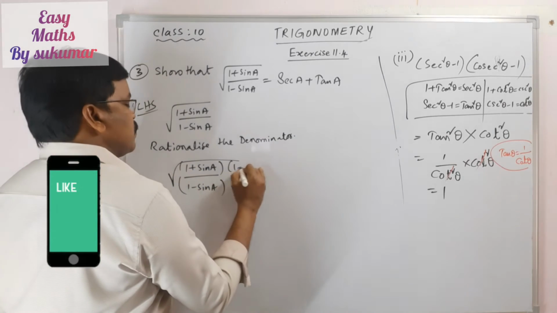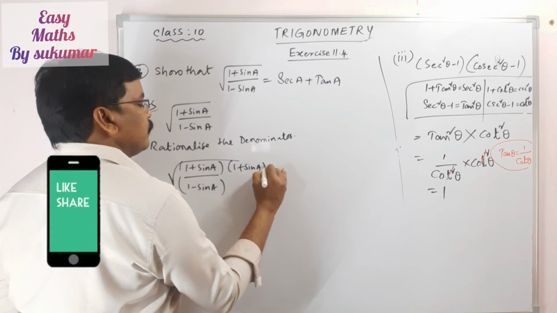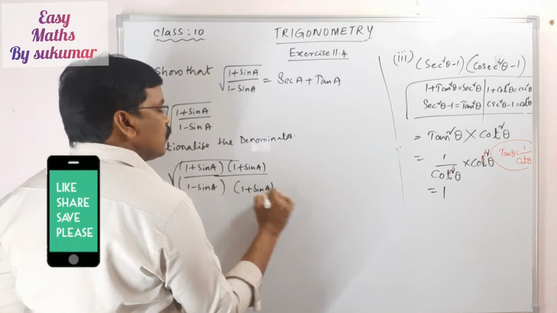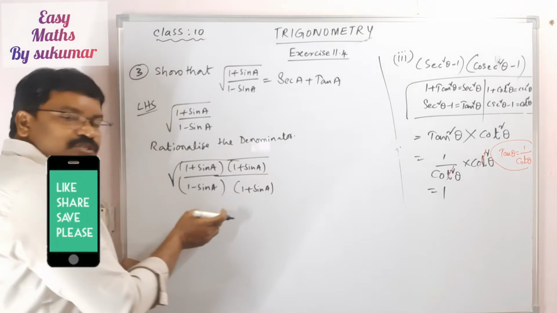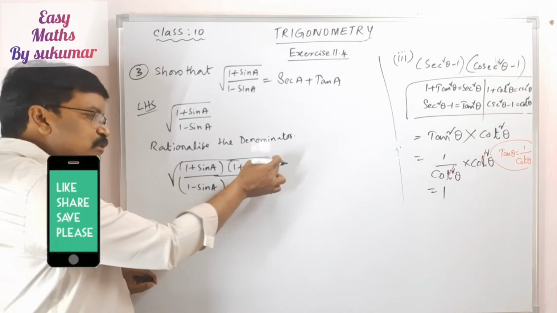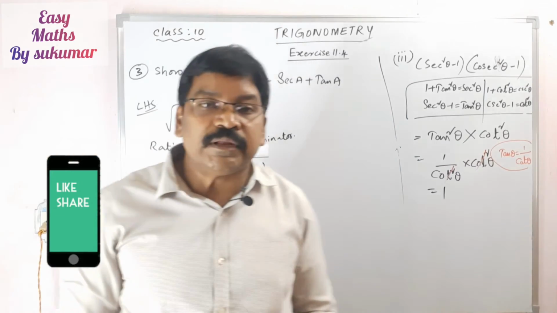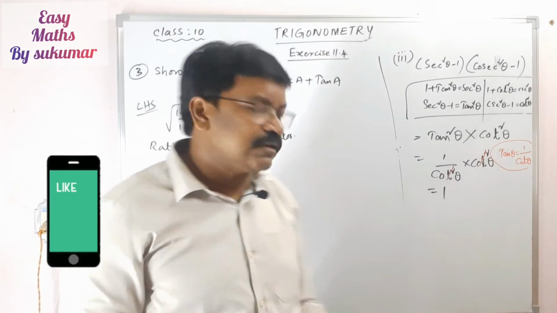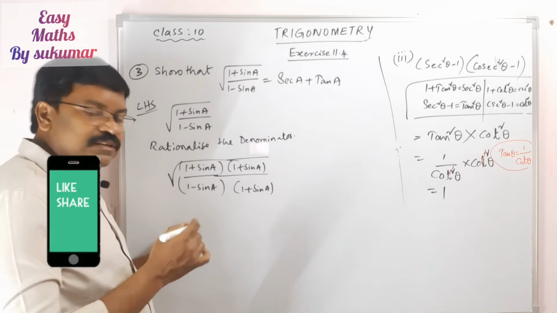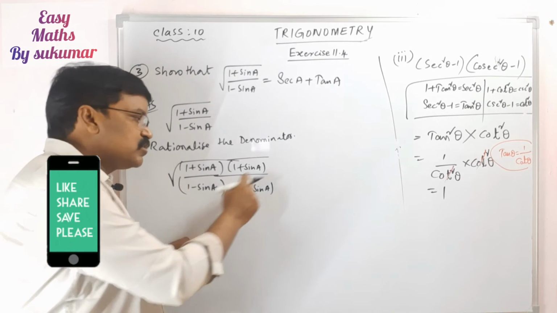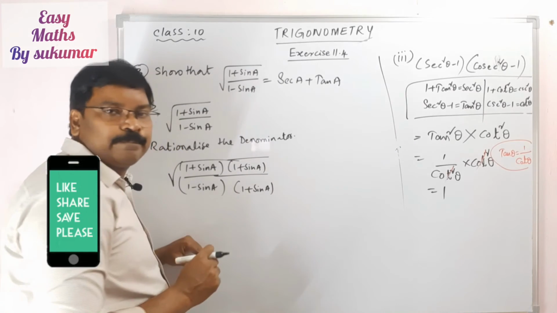What I have done here is multiply 1 plus sin A with both numerator and denominator. Why? The rationalizing factor of 1 minus sin A is 1 plus sin A.